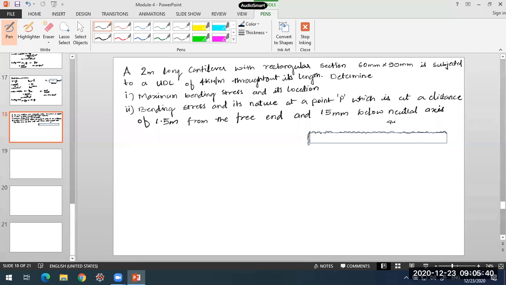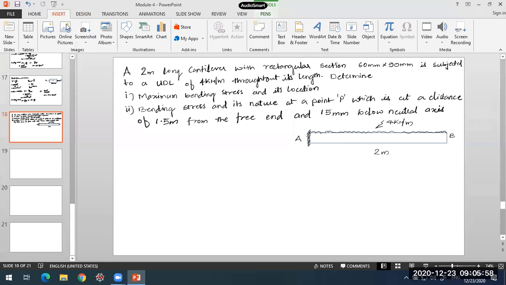This UDL is of 4 kilonewton per meter, and the length is 2 meters total length. This is the fixed end. Let us say this is A and this is B.